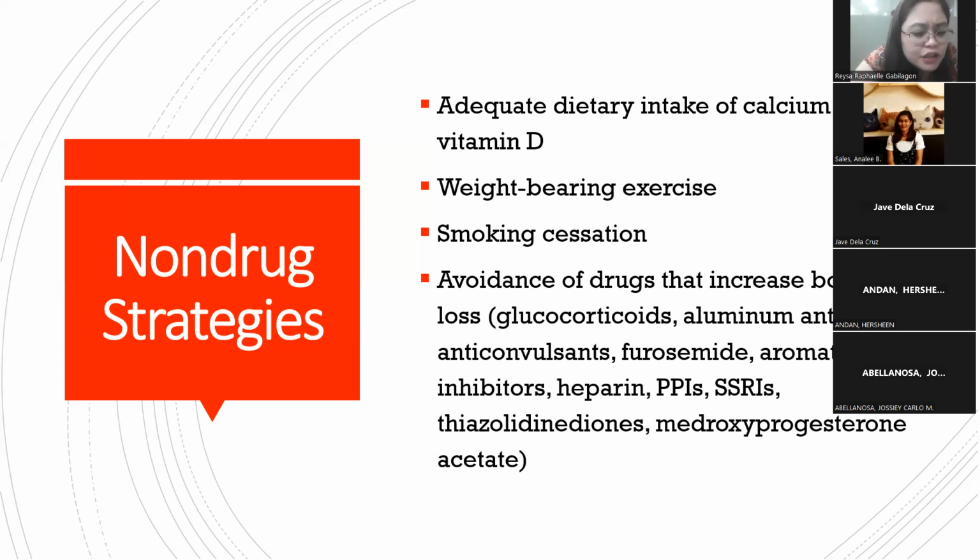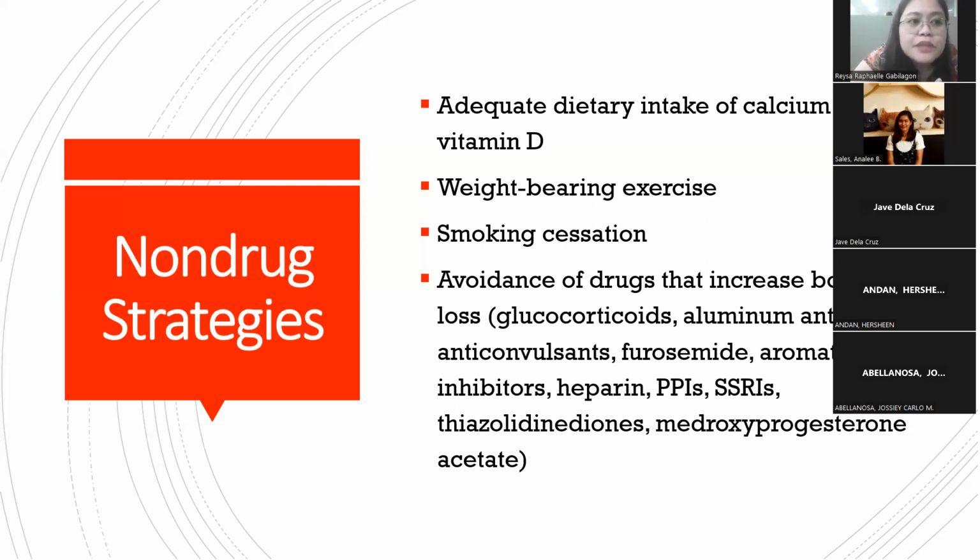Yung problema natin yung orally taken drug. Talaga. Kasali talaga yan siya dyan. Board exam question, kasali yung osteoporosis sa adverse activity of our corticosteroids. Okay, aside from diabetes mellitus.